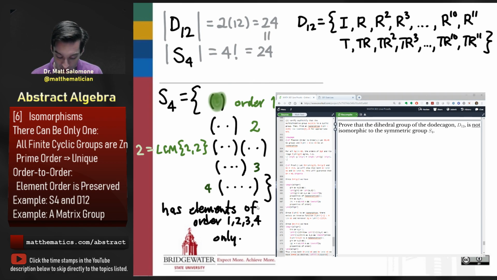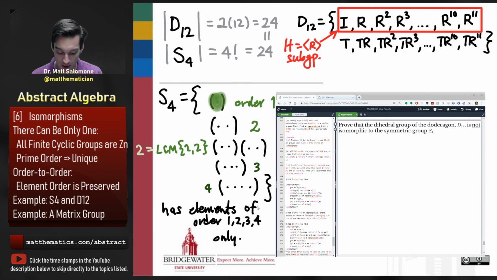Now, one of the things we're going to talk about in Chapter 7, the chapter we're going to skip over briefly, but I just want to make this point really quickly. This red highlighted subset of elements of D12 actually is a subgroup. Let's call it H. It's the cyclic subgroup generated by r.